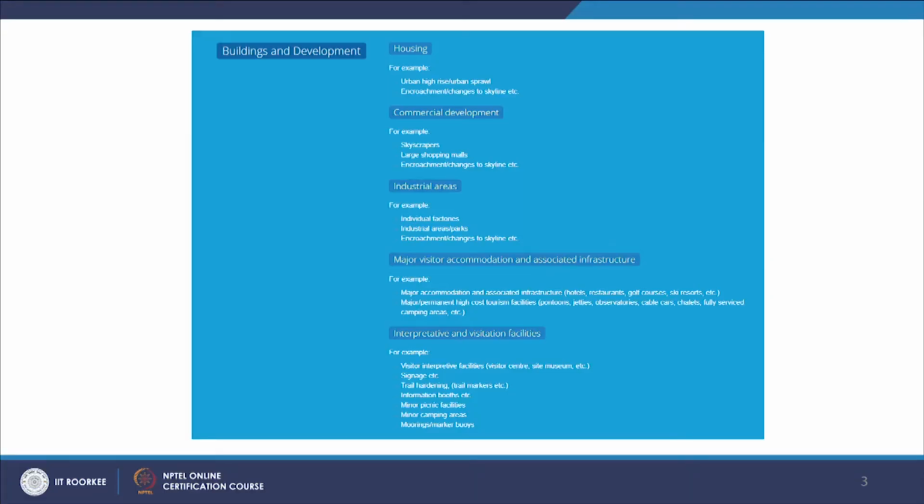It could be tourism development, it could be infrastructure oriented, and some interpretative and visitation facilities, because the moment you have nice landscape features or a heritage, and you start up picnic and recreational facilities, they might pose some threats to that heritage property. So how to control this, how we can act upon it, how we can carefully think while planning for regional development as well as local development.